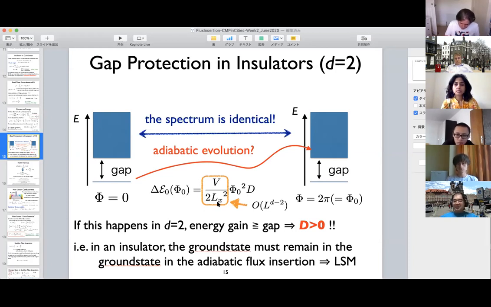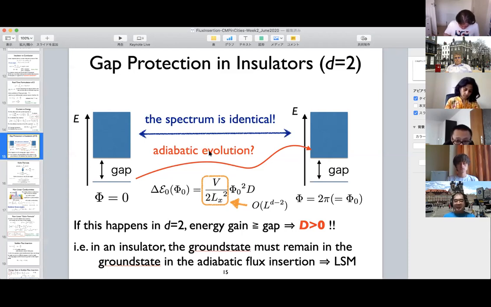So if you take an isotropic system, the size in x, y, z direction roughly the same, then this is of order of length to the d minus 2. So actually for 2 dimensions, volume and Lx squared are of the same order. So this is an order 1 quantity, which means that the Drude weight is basically a constant times the energy gain.